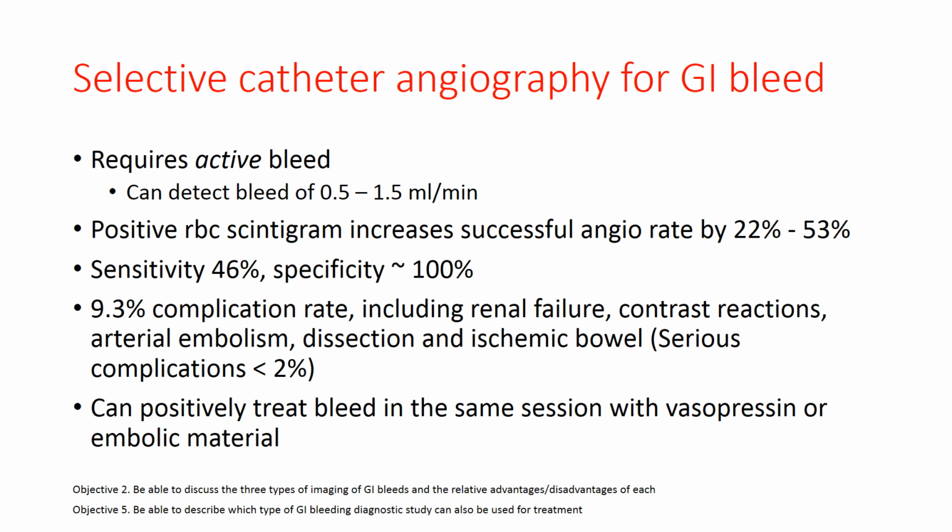Okay, one of the things that everybody thinks of when talking about radiology and gastrointestinal bleeding is selective angiography or selective arteriography. The reason we call it selective is because we want to get as close to the bleed as we possibly can.